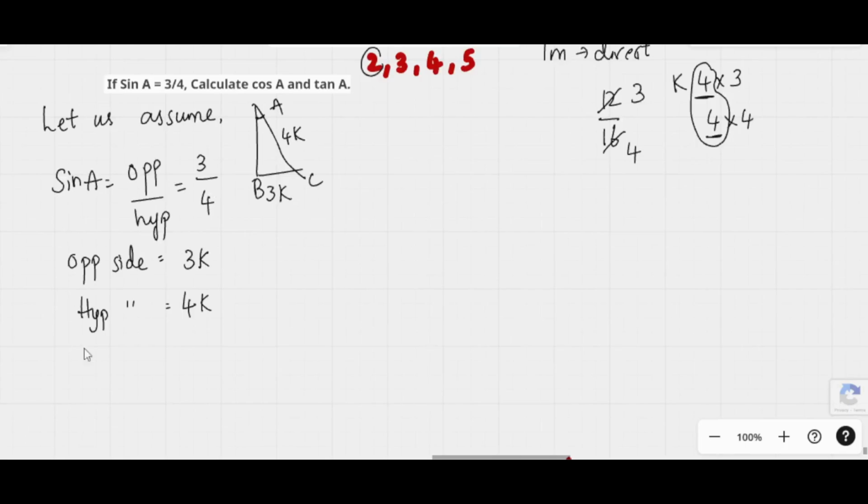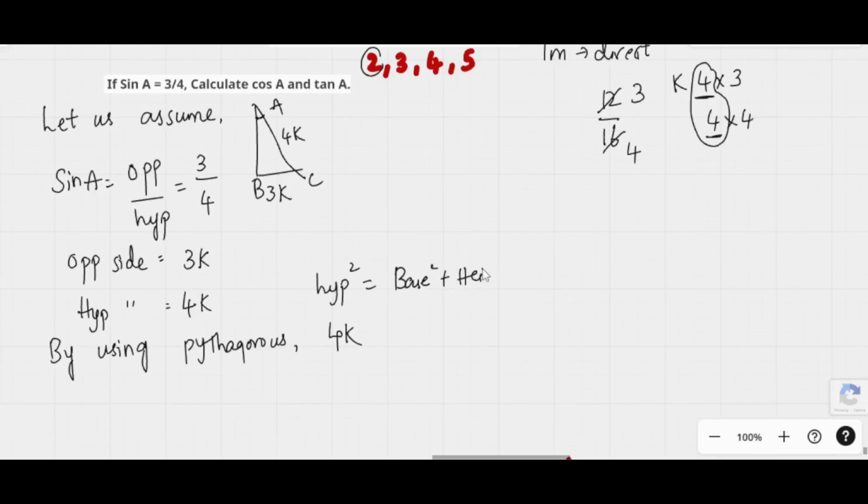Now, by using the Pythagoras theorem, we all know that, based on the marks, if it is a 4 mark question, you have to write neatly: hypotenuse square is equal to base square plus height square.